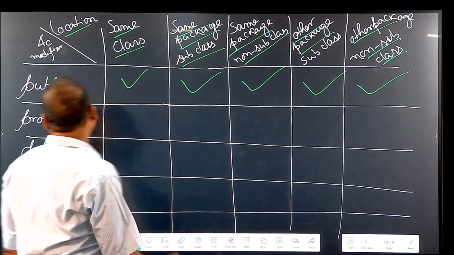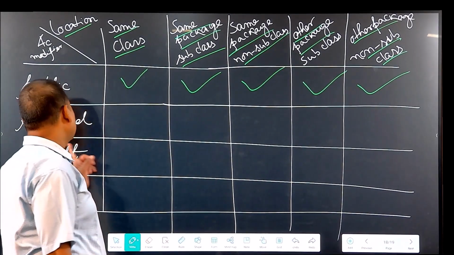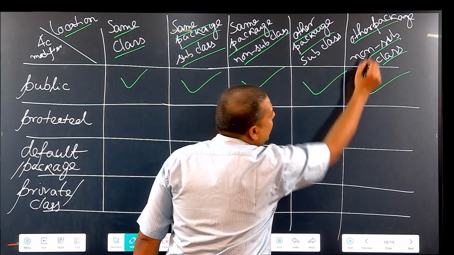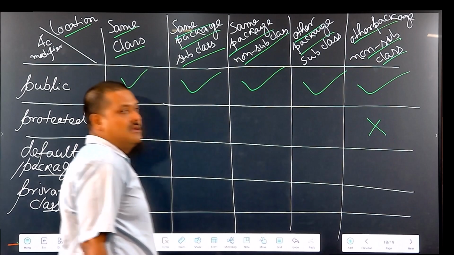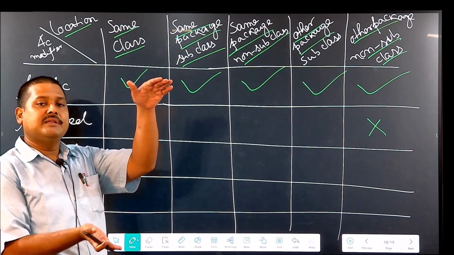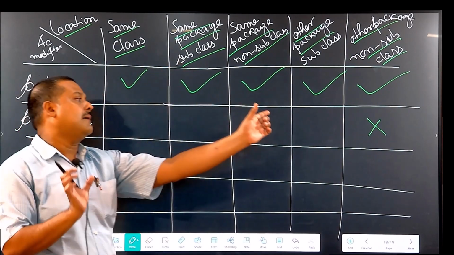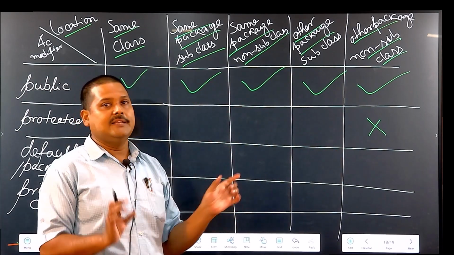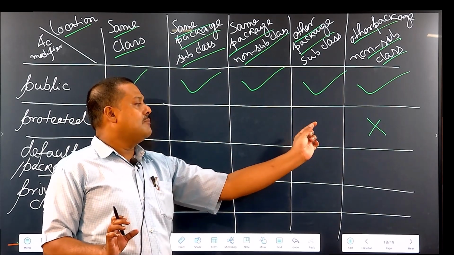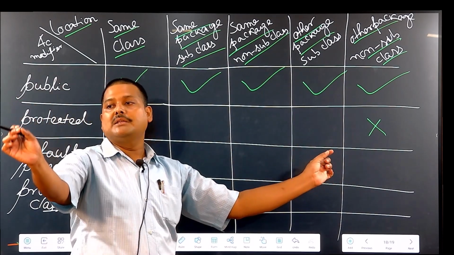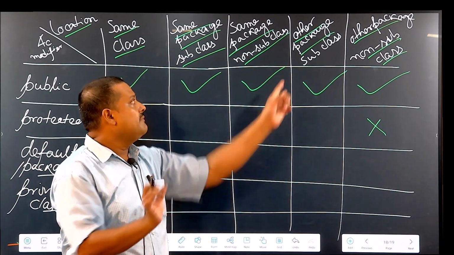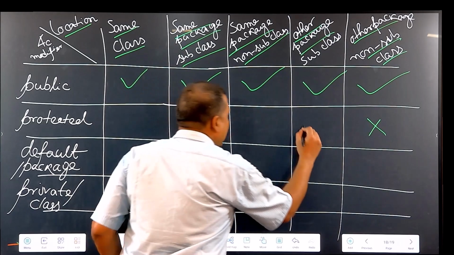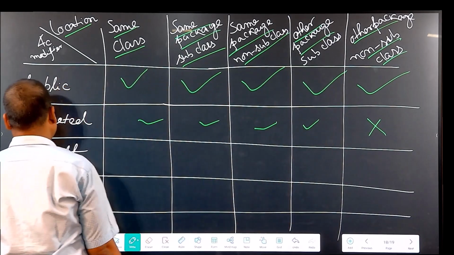Now in case of protected, only other package non subclass cannot access. If both members are present in different packages, meaning folders where multiple class files are there, and they are not inheriting each other, then they cannot be accessed. In other cases they can be accessed.